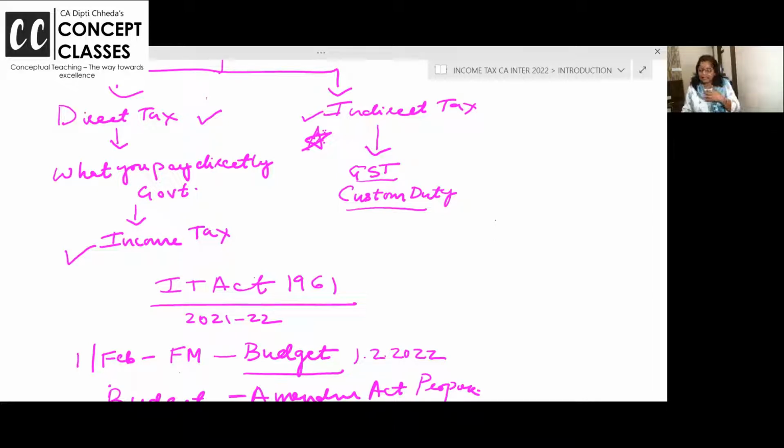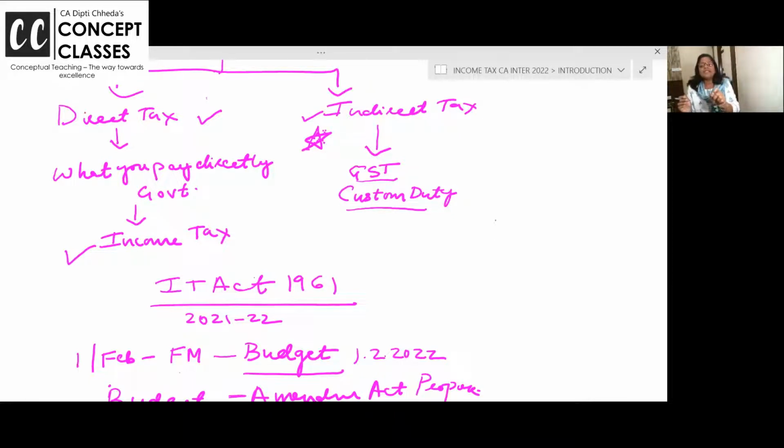But indirect taxes in the form of GST, goods and service tax, or in the form of custom duty, I paid to the stationery wala from whom I have purchased this marker. He pays it to the government. You know, you have paid fees to the academy along with GST. That GST, you are bearing it as a student.